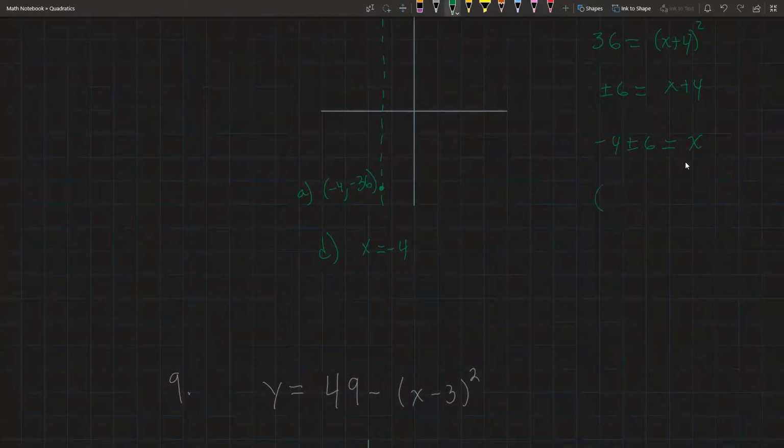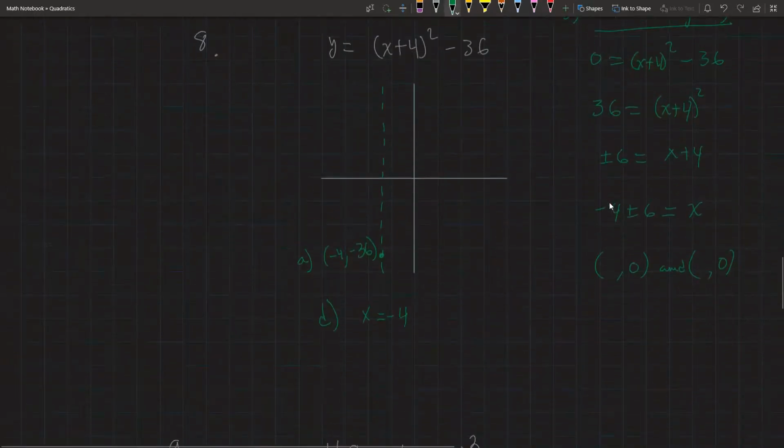I will write the 2 points here and then plot them on the graph, all right? But remember that their y value for both of them is 0. Don't forget that. That's the main idea here. So there's 2. We have -4 minus 6, which is -10. So (-10, 0), and we have -4 plus 6, which is 2.